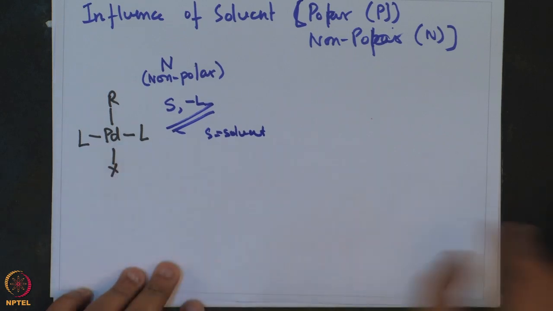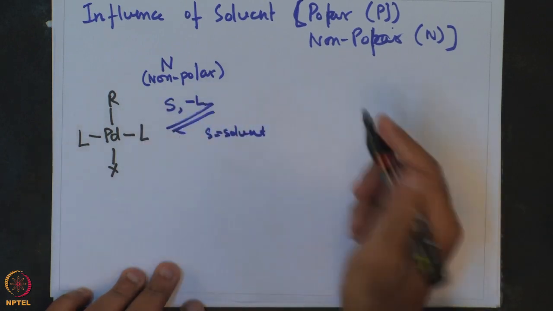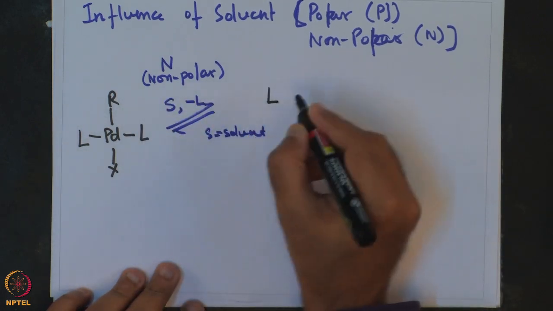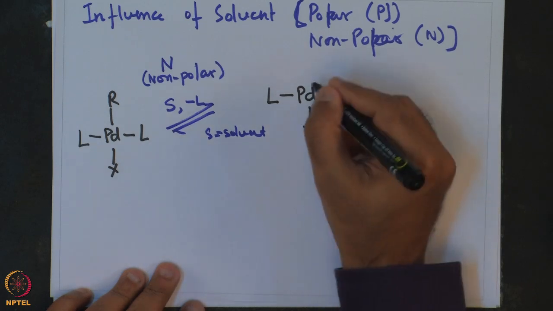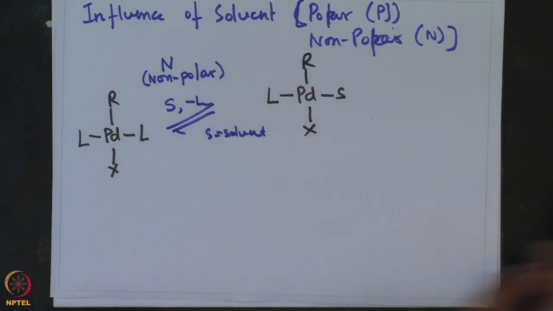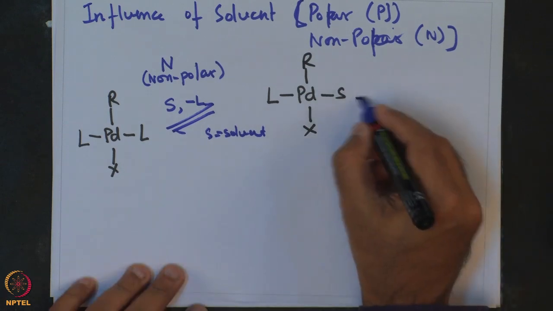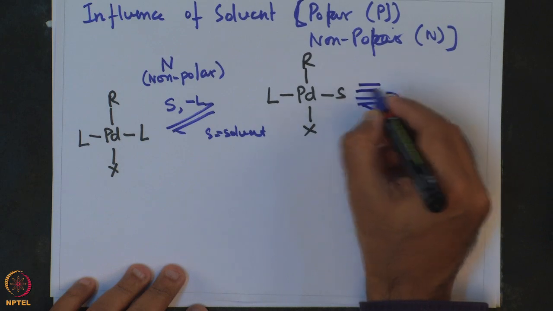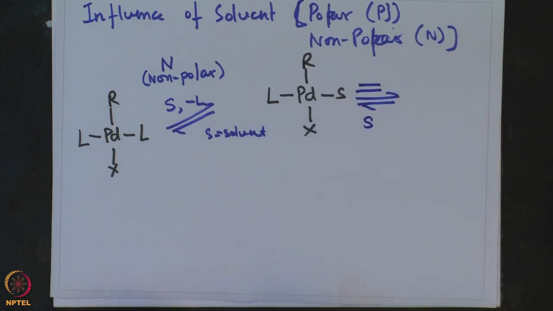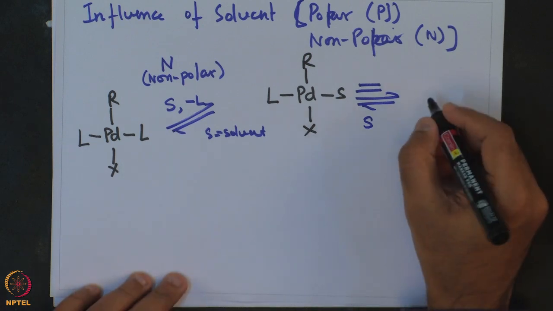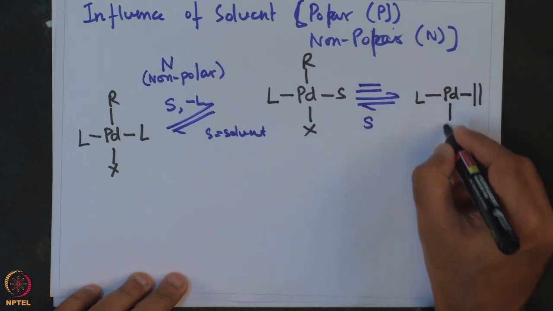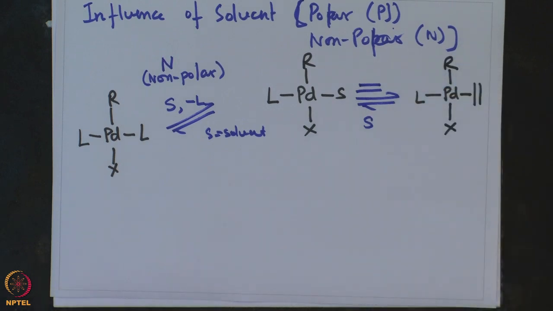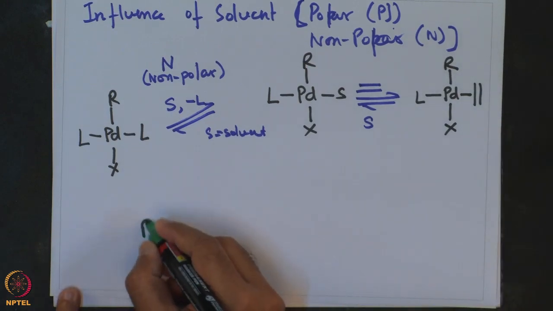So, one of these L is lost and then solvent goes and occupies its place to produce this intermediate L Pd S X R, and then this further adds to the olefin in presence of solvent to give this product, which is L Pd olefin X R.